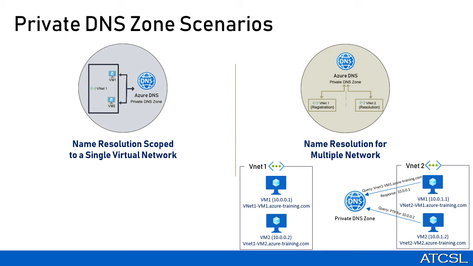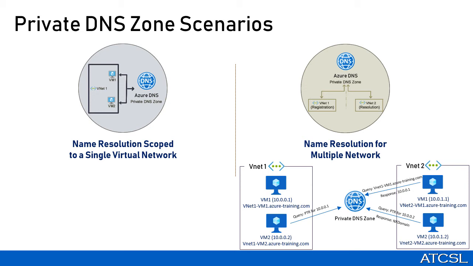Now, if there is a query for a PTR, that is the reverse DNS for 10.0.0.2, which is the private IP address of VM2 in virtual network 1, it will return a response of NXDOMAIN that this host name could not be found.